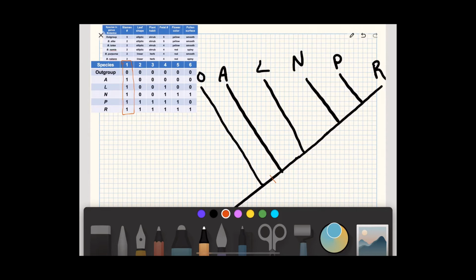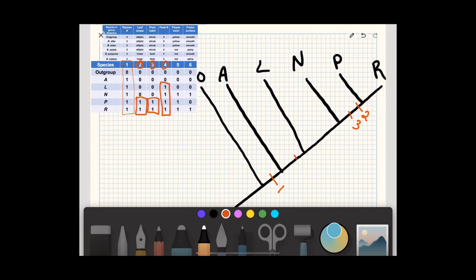So it looks like trait number 1 is the only trait where all 5 of our species in our group of interest have the shared derived condition. Character number 2 now, it looks like only P and R have it, and so it can be nestled right under the common ancestor of P and R. We can assume that the common ancestor had that condition, but nobody else on this cladogram has that. And same with trait number 3.